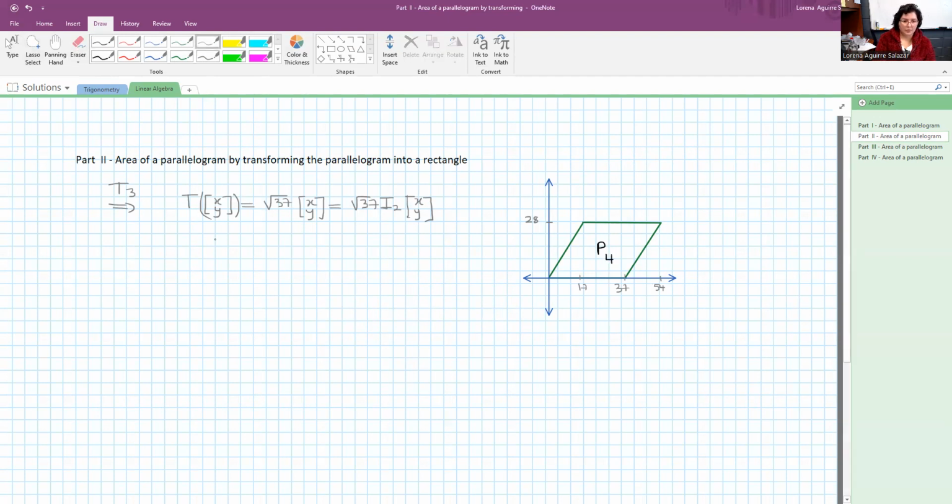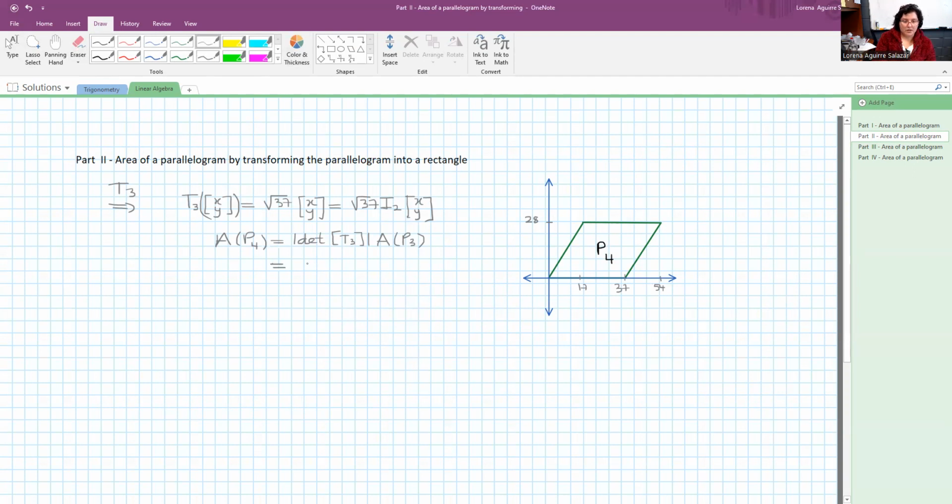Okay. But now the area of the parallelogram P4, so this is T3, is equal to the absolute value of the determinant of the matrix associated with T3 times the area of P3.